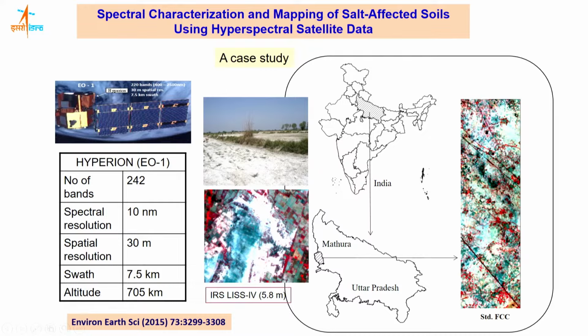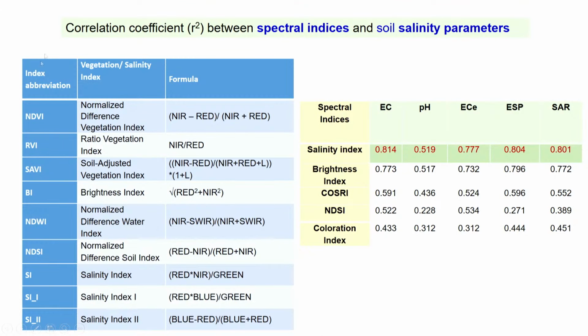Just one example, I will show you a case study in the same area in Mathura district. We have taken hyperspectral remote sensing data, prepared various spectral indices using the hyperspectral bands, and found out which spectral bands are most sensitive for the chemical characteristics of the soils: electrical conductivity, pH, EC, ESP, SAR.